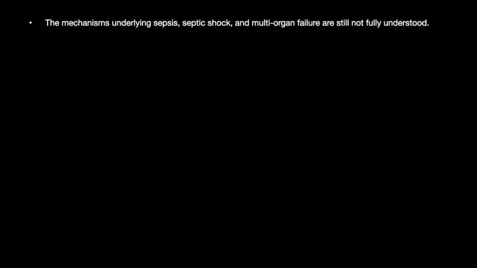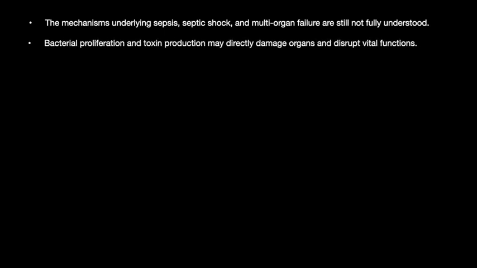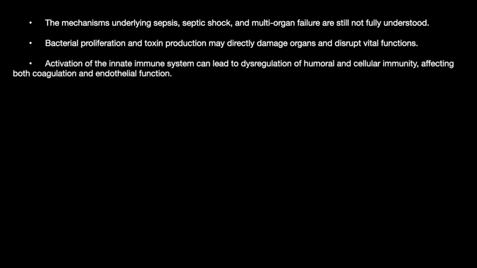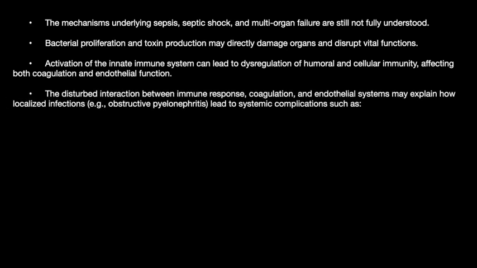So the mechanisms underlying sepsis, septic shock, and multi-organ failure are still not completely understood. Bacterial proliferation and toxin production may directly damage the organs and disrupt vital functions. Activation of the innate immune system can lead to dysregulation of humoral and cellular immunity, affecting both coagulation and endothelial function.